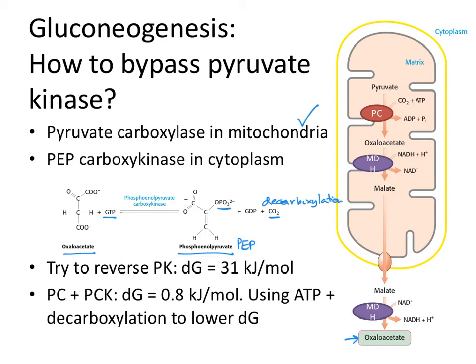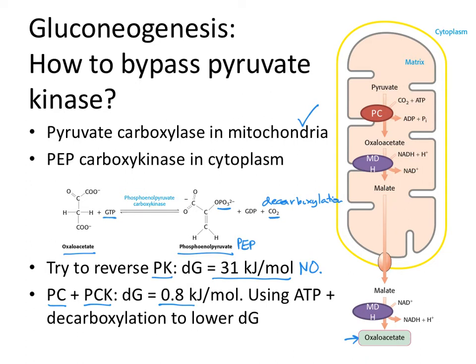Now, if we were going to try and reverse pyruvate kinase from glycolysis, the delta G of the reaction is over 30 kilojoules per mole. That's just not going to happen. However, by using pyruvate carboxylase and then PEP carboxykinase, the delta G of the reaction is only 0.8 kilojoules per mole.